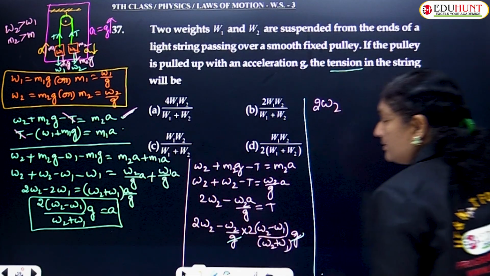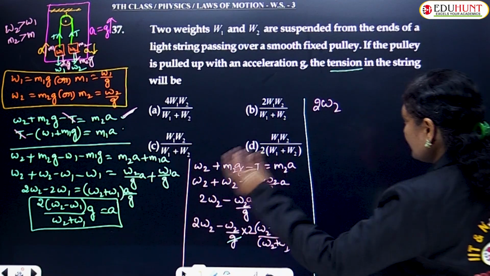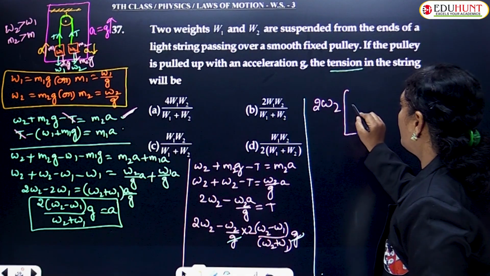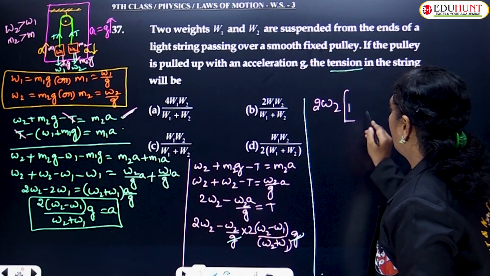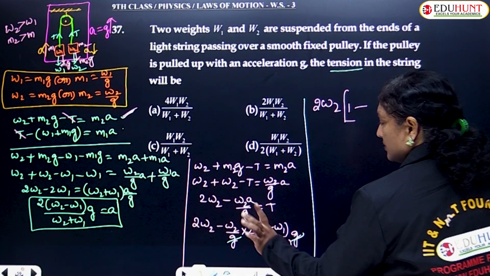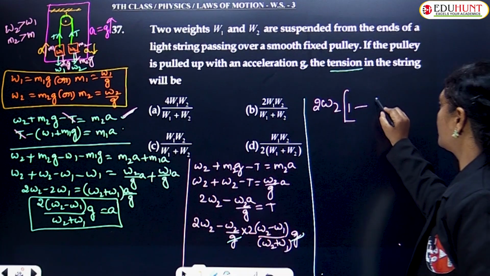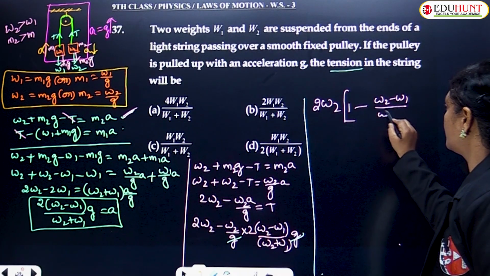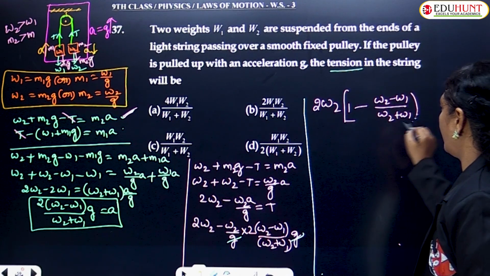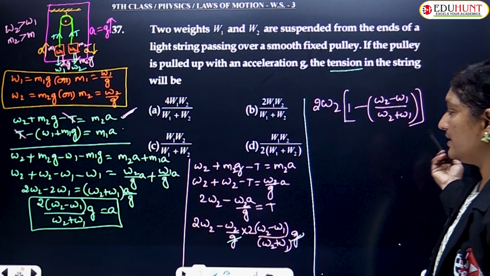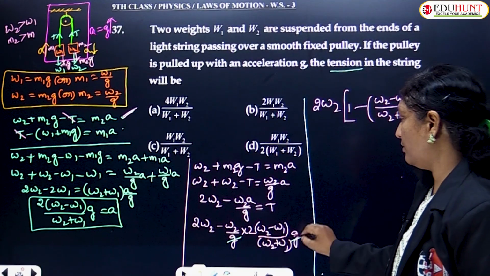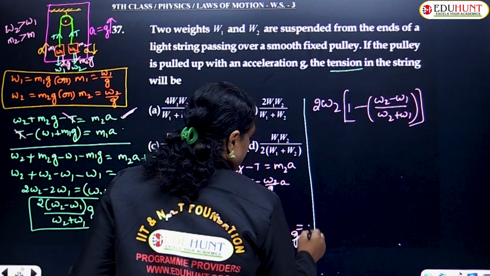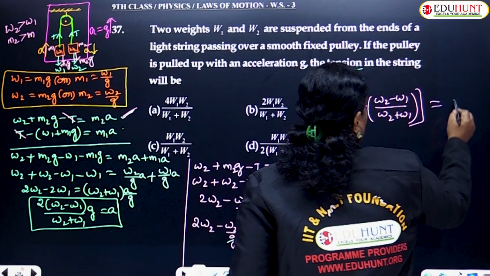When 2W2 is removed, we have 1 minus, W2 is removed, 2 is removed. What are you left with? W2 minus W1 upon W2 plus W1. That's it. G is gone. Hence, this must be the value of T, children.